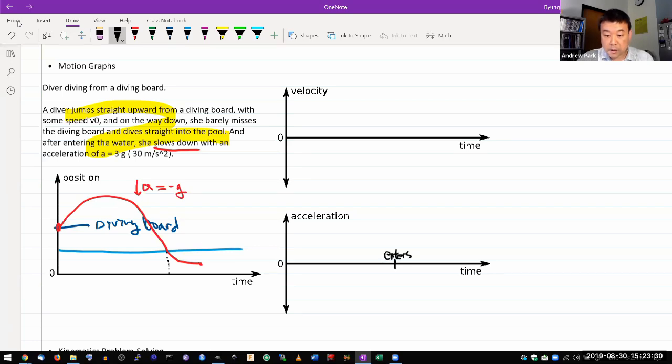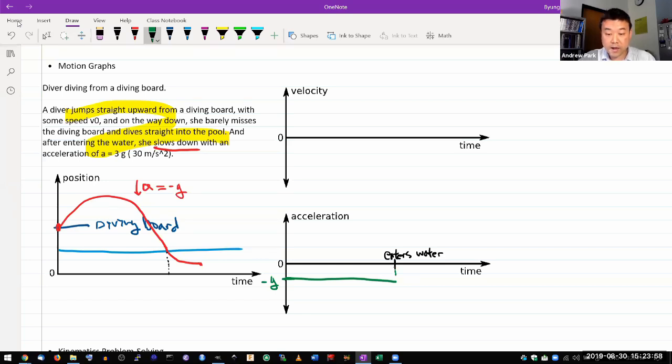And that's a very clear dividing line for acceleration. Before the diver enters water, the acceleration of the diver should be minus g. While the diver is in the air, the entire time, the acceleration is minus g. That's what free fall, motion under gravity alone, is.